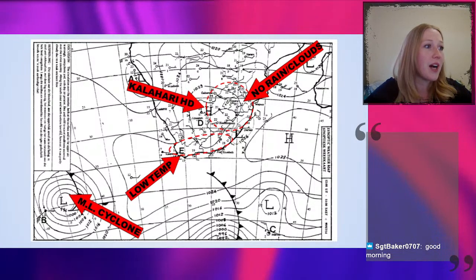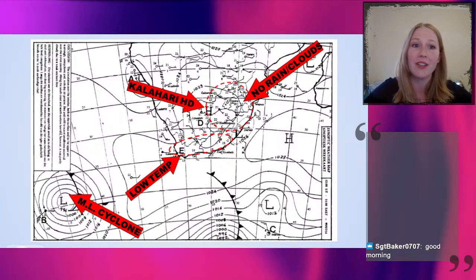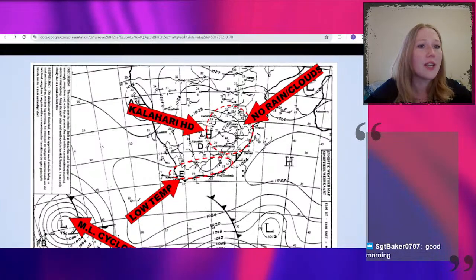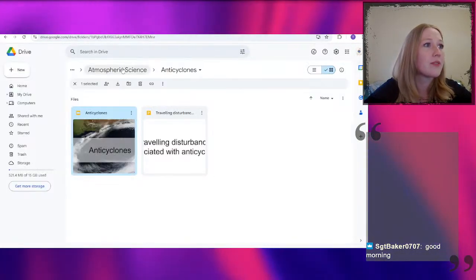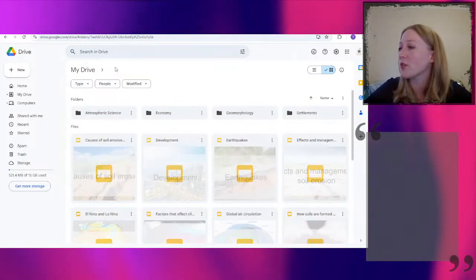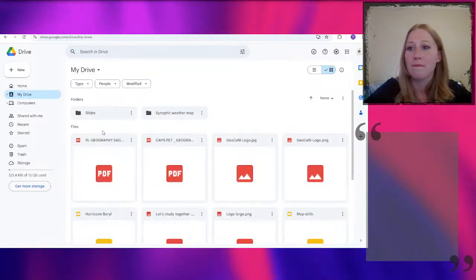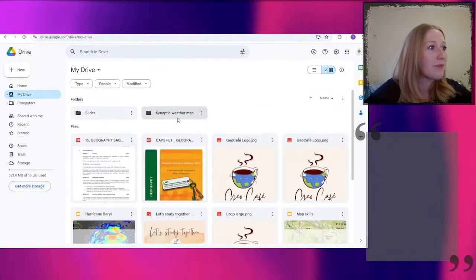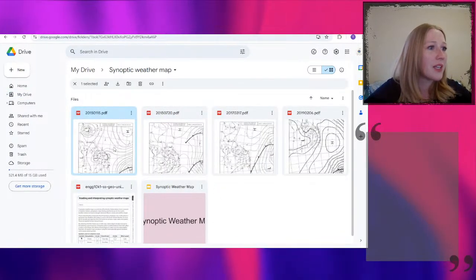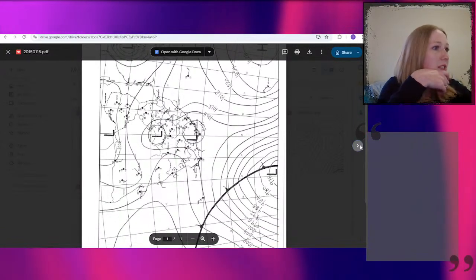So we should see a high pressure cell. Oh, and then another one is the mid-latitude cyclone over here that kind of moves in. So I've got a synoptic weather map. I think I need to download it for it to be able to rotate it.